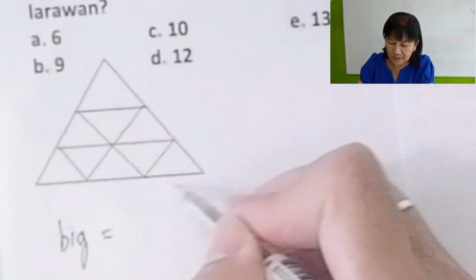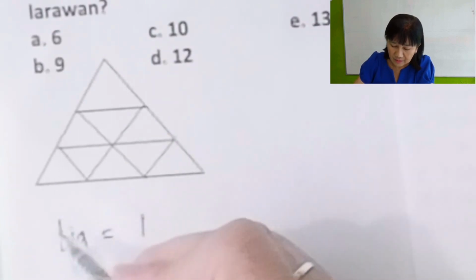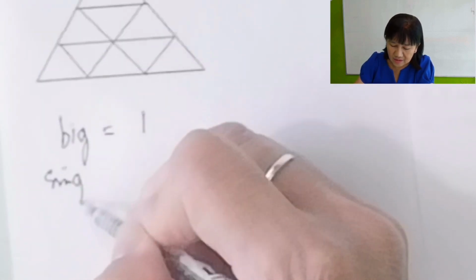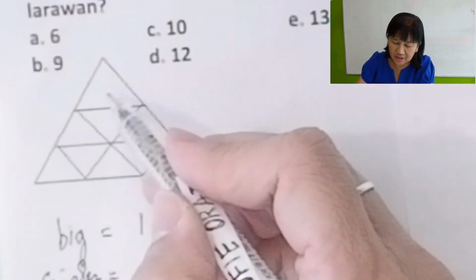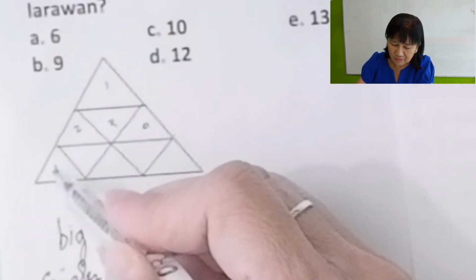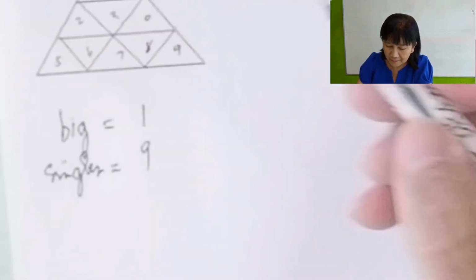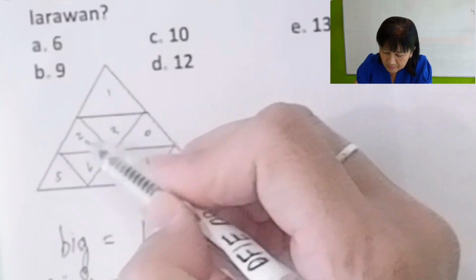The big triangle, there's 1. Now, the small single triangles: 1, 2, 3, 4, 5, 6, 7, 8, 9. There are 9. What else?